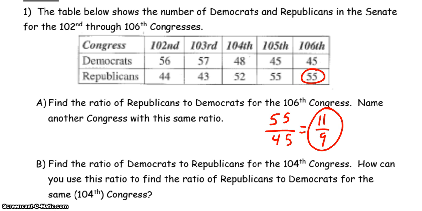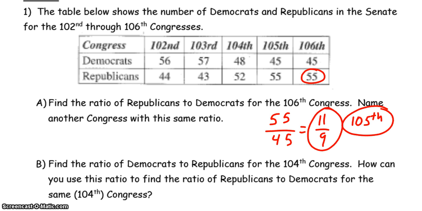To figure out what that would be, we can go through each set that we have there and reduce them. But you might notice for the 105th Congress, we have the same numbers. So the Congress that's definitely going to have the same ratio is the 105th because we're dealing with the exact same numbers.